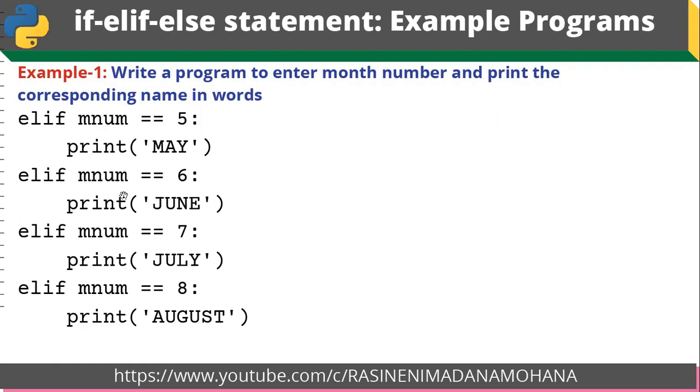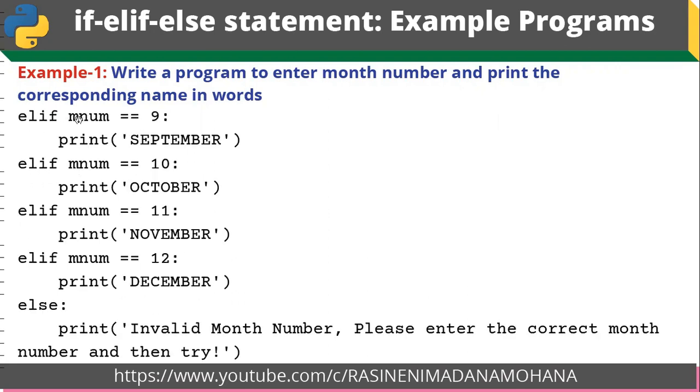Elif month number equal to 6, print June. Then finally elif month number equal to 8, print August. Then elif month number equal to 9, print September, and so on. Elif month number equal to 12, it prints December. So here month numbers 1 to 12, the twelve month digits, are given, and their corresponding month names in words are displayed.